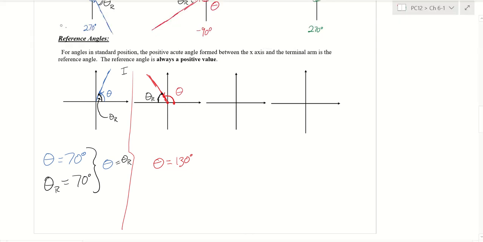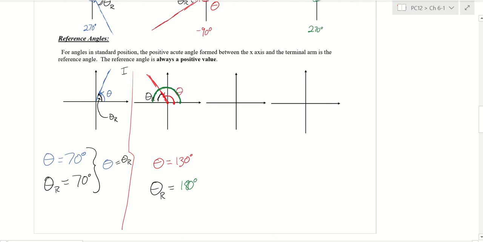And so what is our reference angle? Well, in this particular case, if we go from, and I'll do this in green, if we go from the positive x-axis all the way to the negative x-axis, that would be 180 degrees. And if we go all the way to 180 degrees and then simply subtract the angle in standard position, what are we left with?